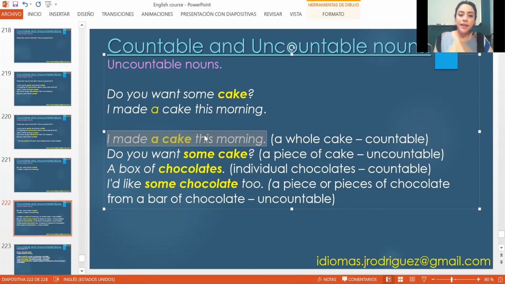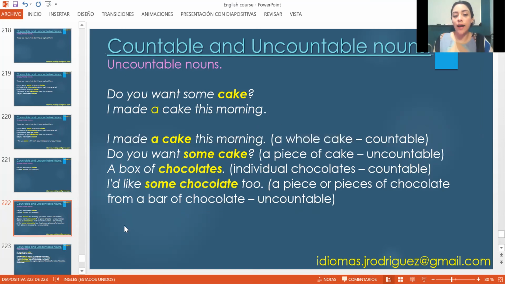Okay, I made a cake this morning. Hice un pastel esta mañana. Hice un pastel completo, a whole cake. Okay, un pastel completo. En este caso, countable. And how do I know? Well, I'm using a determiner a. So that means that is countable. But in do you want some cake? I'm referring to a piece of cake.